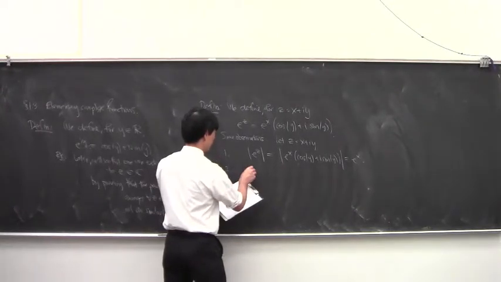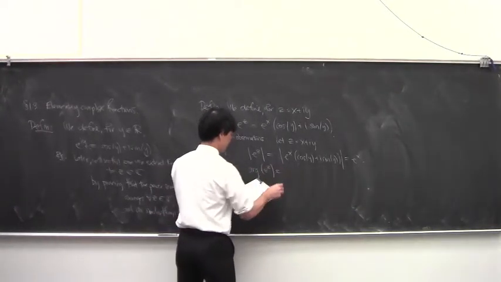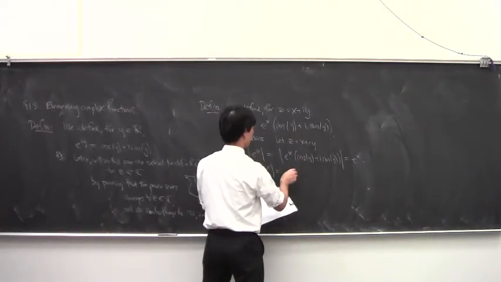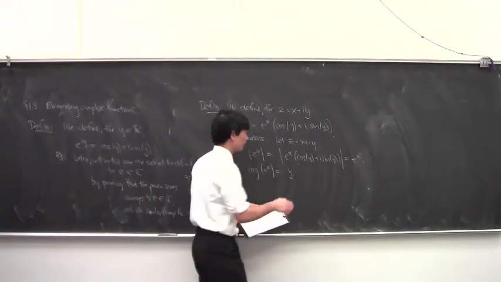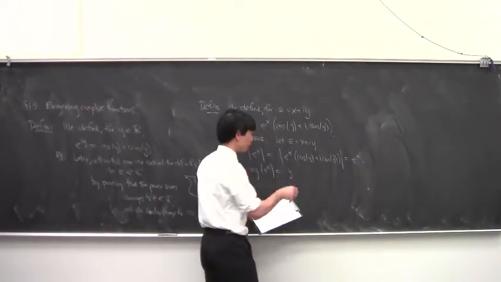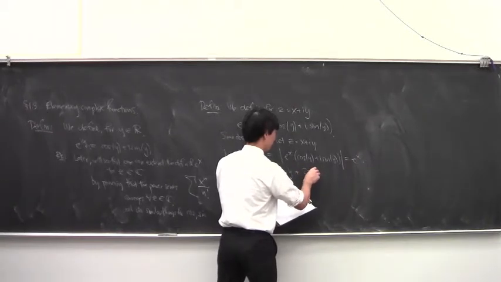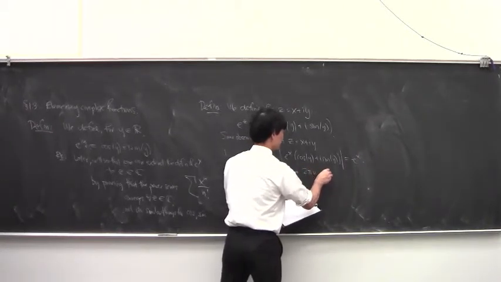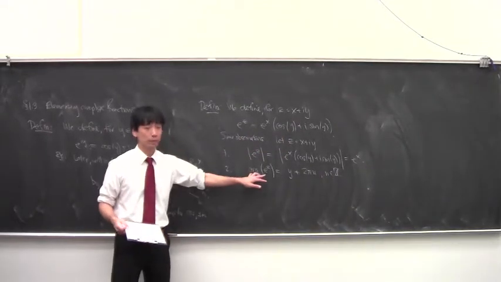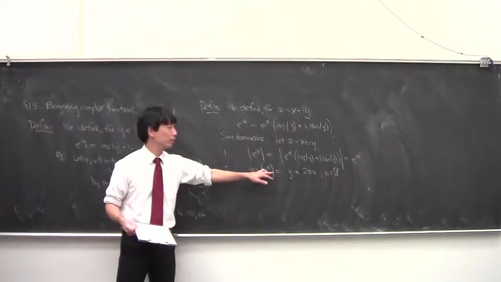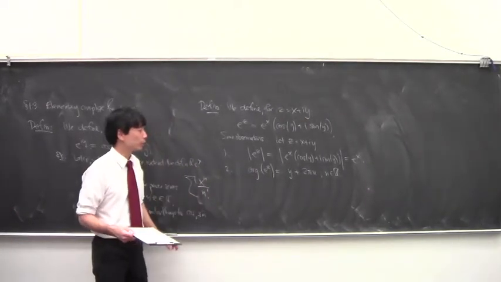Number two, the argument of e to the z is, of course, y. The argument is y. So we also want to throw in all those other valid arguments, y plus 2 pi n, where n is in Z. So the arguments of e to the z are all y plus integral multiples of 2 pi.